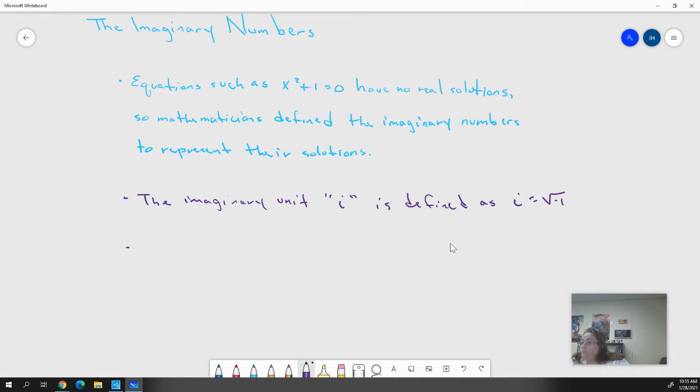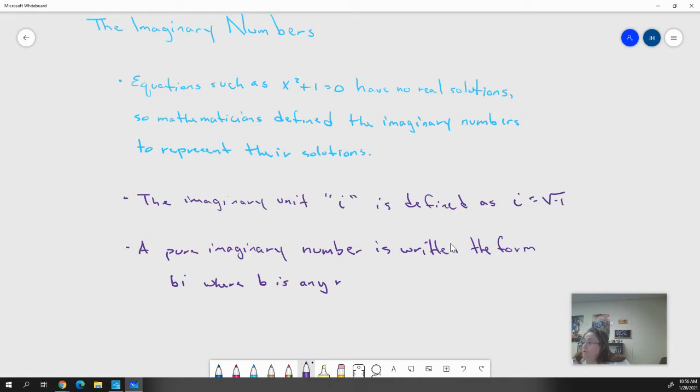So a pure imaginary number is written in the form of bi, where b is a real number, could be any real number, and i is the imaginary part.